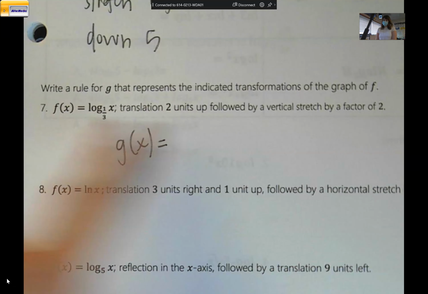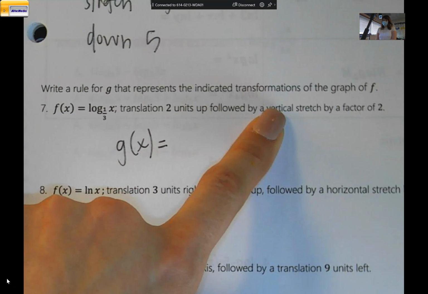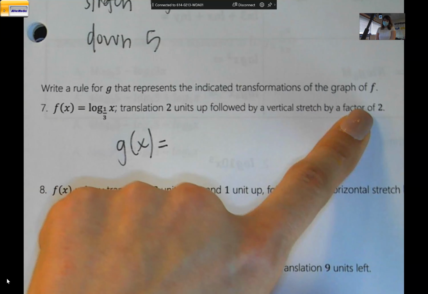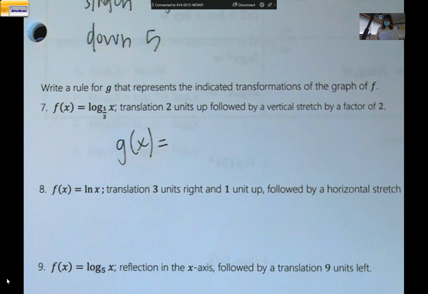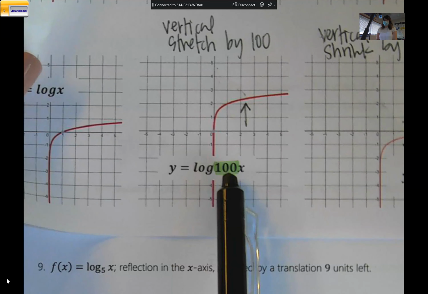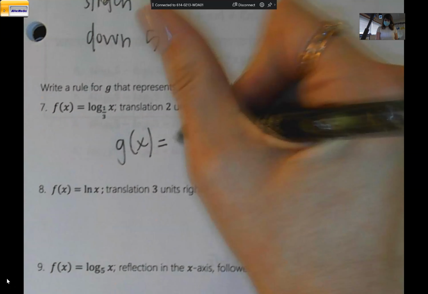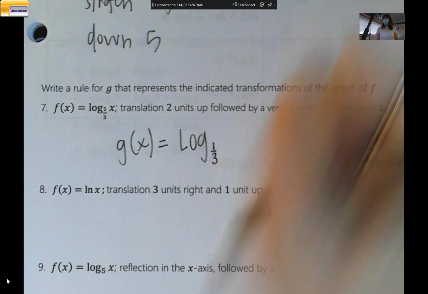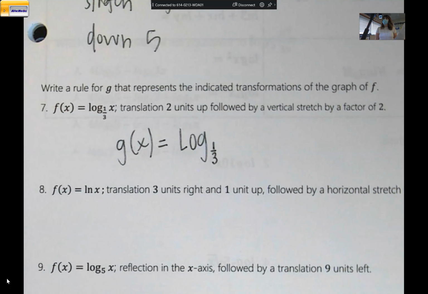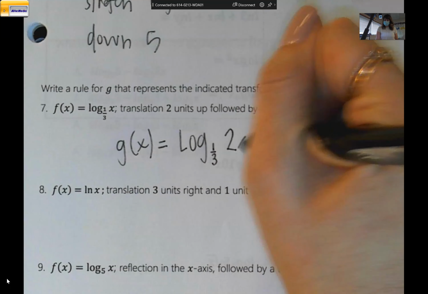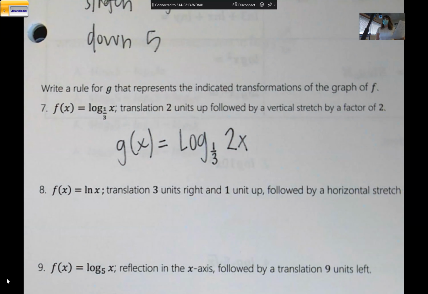And the first thing that we're going to do is a vertical stretch by a factor of 2. So if it's vertical, that means it goes inside with the x. Okay, so I'm going to do log base 1/3, and I put my stretch 2 in front of the x.